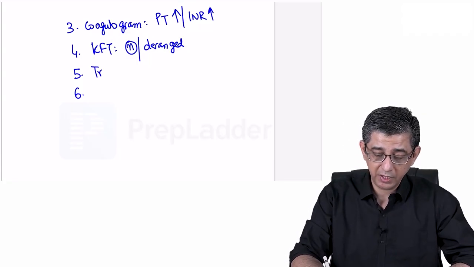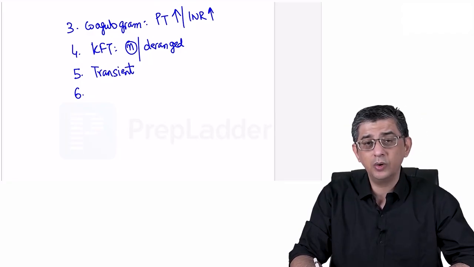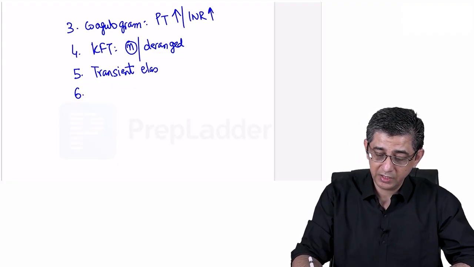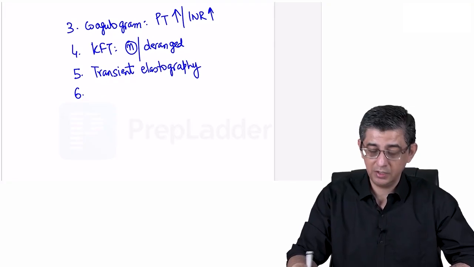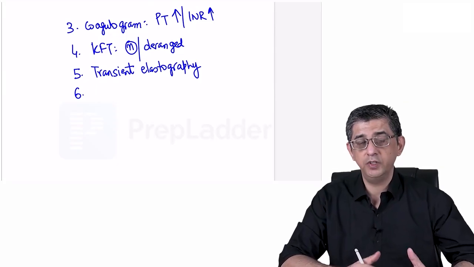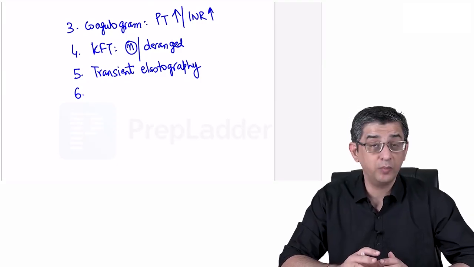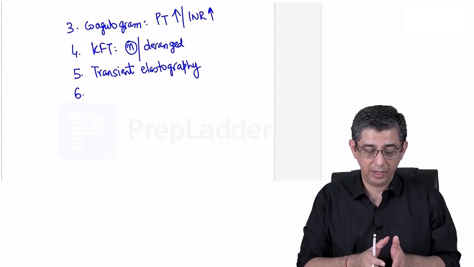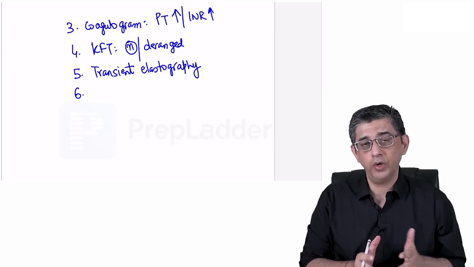One of the tests which has replaced liver biopsy, I'm not saying completely, but especially for alcoholic hepatitis and alcoholic fatty liver, is called transient elastography. This imaging modality is a non-invasive method by which you can evaluate the echo texture of the liver. You can measure the amount of fibrosis developing in the liver, because fat versus hepatitis versus cirrhosis, each will have a different echo texture.